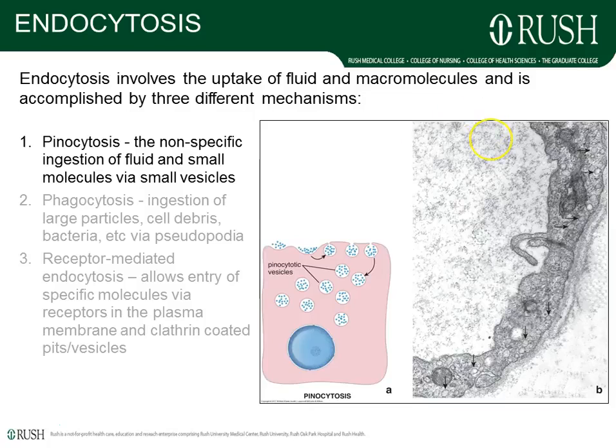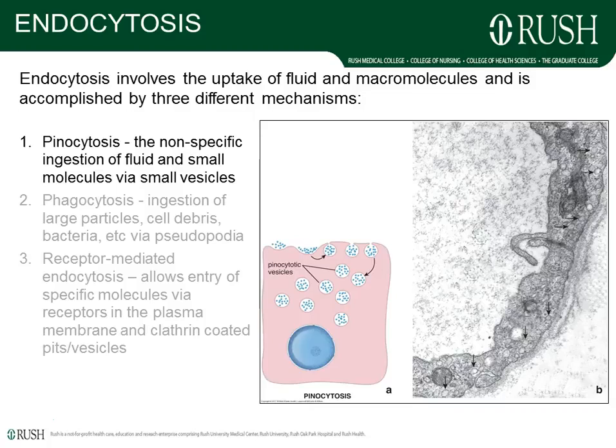As you can see in the little diagram here, material is taken up in small vesicles right at the plasma membrane, which are then transported into the cell, and they merge with various other structures within the cell that we'll discuss in a few minutes, and are then utilized.